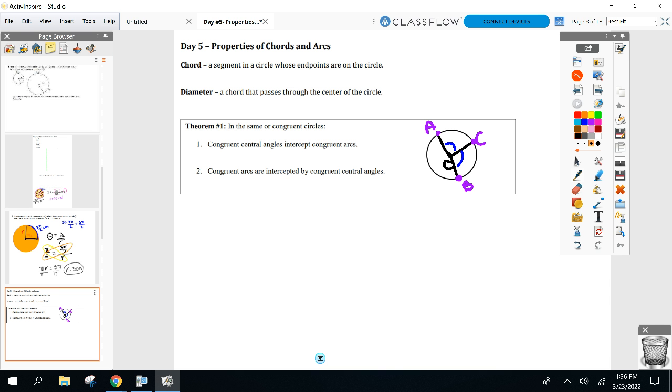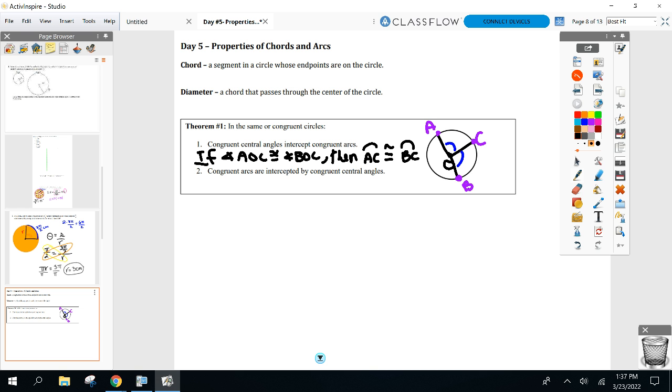So under number 1, here's what we're going to write. If angle AOC is congruent to angle BOC, then the arcs are congruent. Arc AC, remember our arc symbol? Congruent to arc BC.